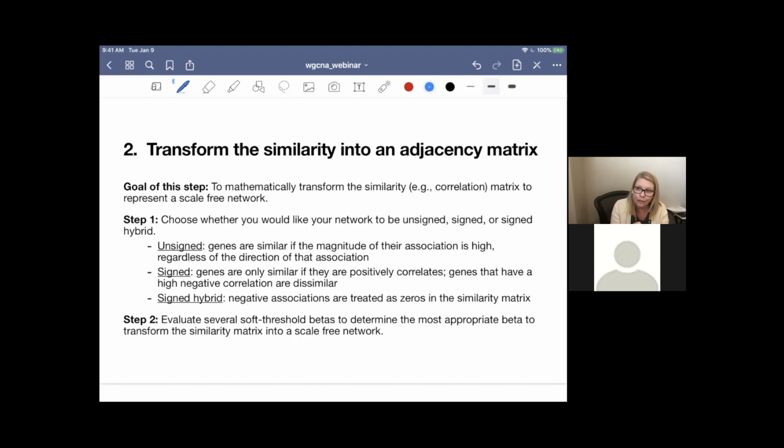If I want to include those negative correlations as high similarities, then I'm going to do an unsigned network. If I want to make networks where all the genes are positively associated with each other, meaning if the expression of one goes up, the expression of another goes up, then I'm going to use a signed co-expression network. This is really a matter of choice. My personal preference is always for the signed network.